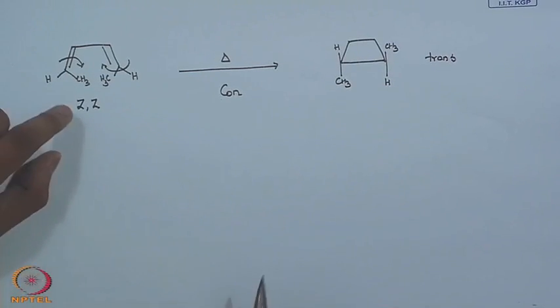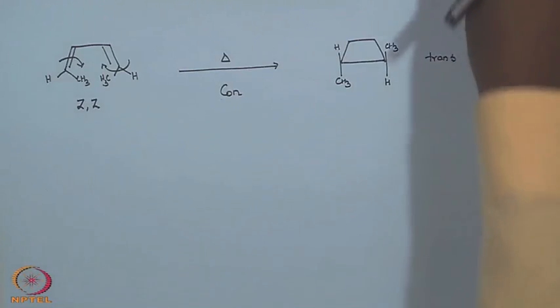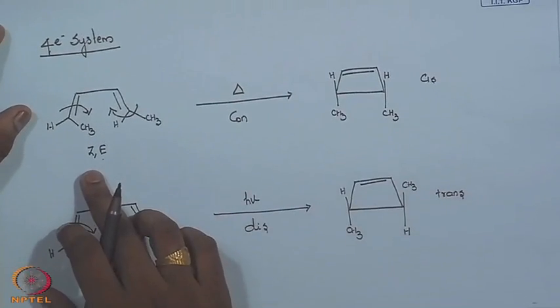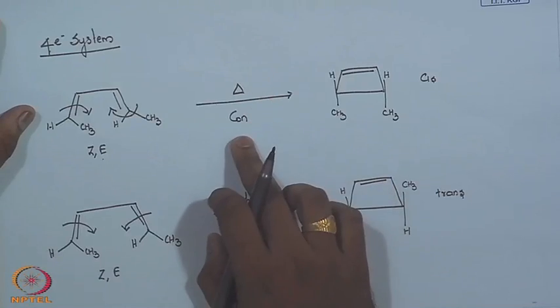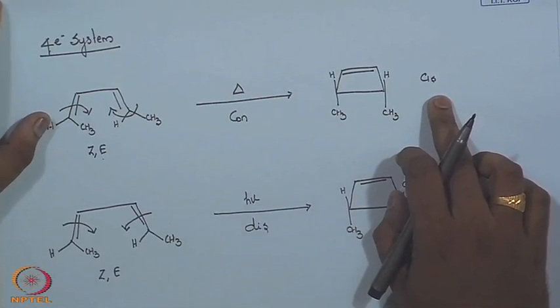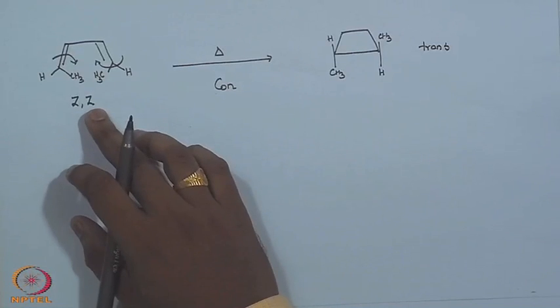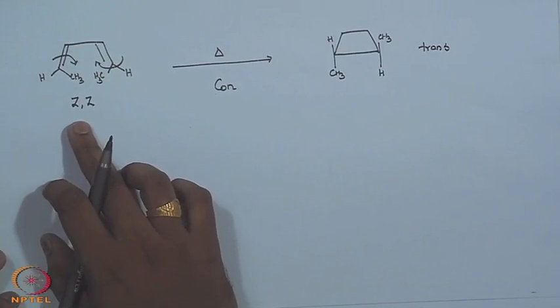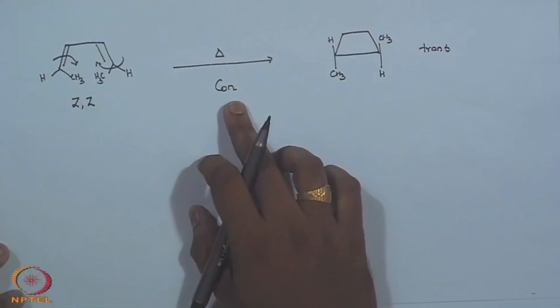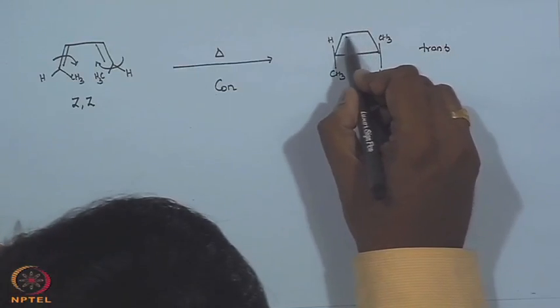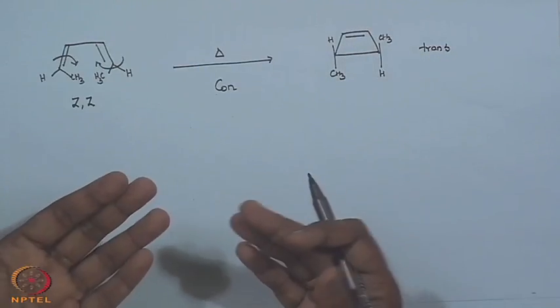In the previous case, you had taken ZE and you did heating and con, and what product did you get? You got cis. This time I have taken the same diene system, but it is ZZ, and heating undergoes a con rotation to give me the trans product, just the reverse of what you got in the earlier case.